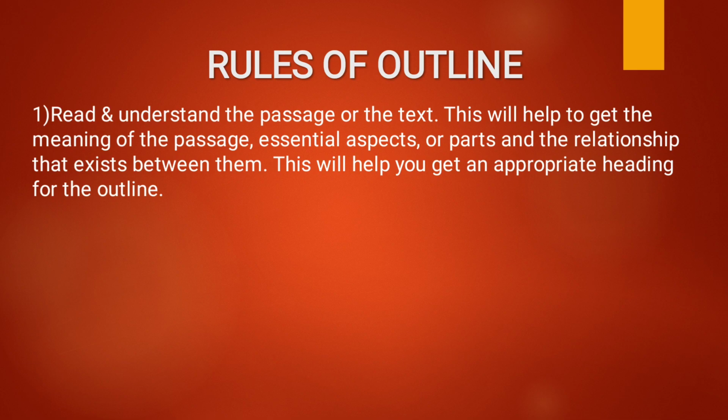The reason why you should read and understand the passage is that it will help you to get the meaning of the passage. Also, it will help you to understand the essential aspects or parts, and also the relationships that exist between them.